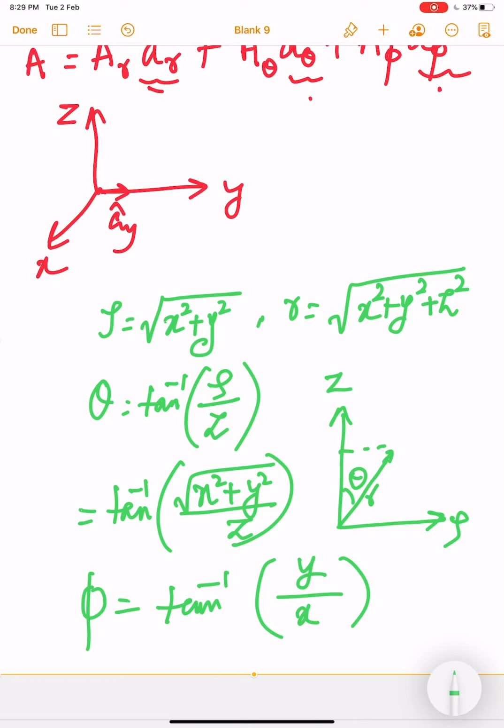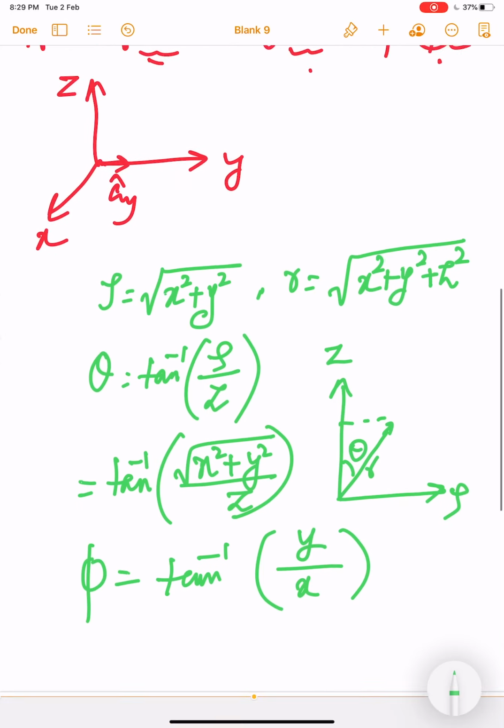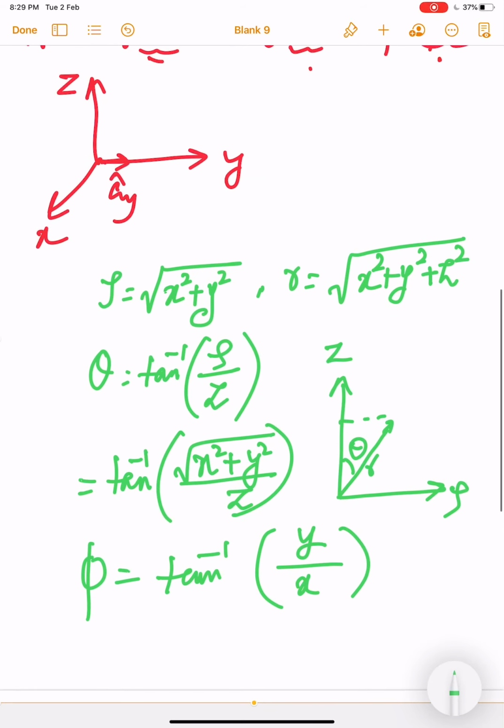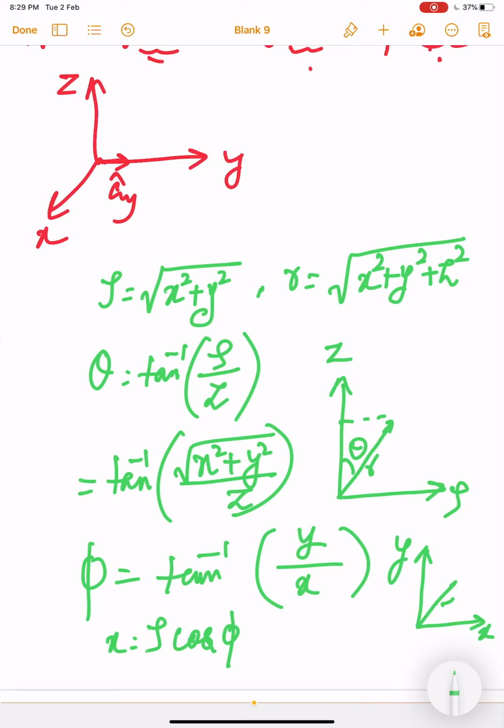And then if you have to go in reverse, as in if you have to say what x is equal to in terms of your spherical coordinates, then what can you say? X is equal to, in cylindrical you had written rho cos phi. Let me draw it over here for you. This is suppose x, this is suppose y, this is the xy plane, and this is rho.